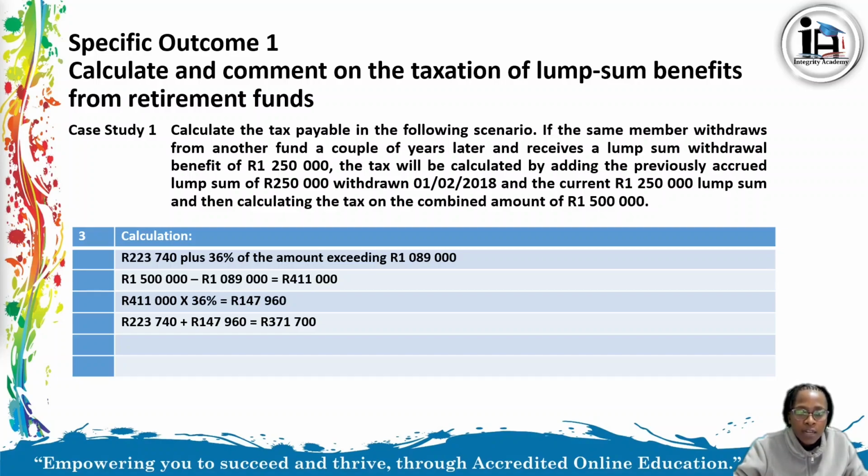Then that 411,000 we multiply by 36%, which is 147,960. And remember that we are going to add that 147,960 to the 223,740, bringing the total to 371,700. Sometimes the students find this calculation complex, but please do consult us if you still need help regarding the calculation.